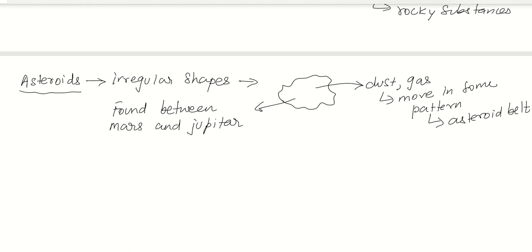Asteroids are irregular shapes, consisting of dust, gas, and they move in some pattern called asteroid belt, found between Mars and Jupiter, especially in our solar system we are talking. Their size is approximately, say, 300 kilometers, something of that order.